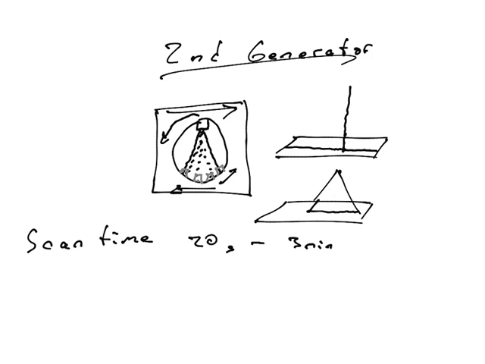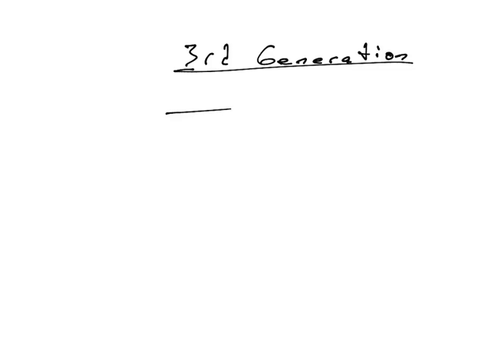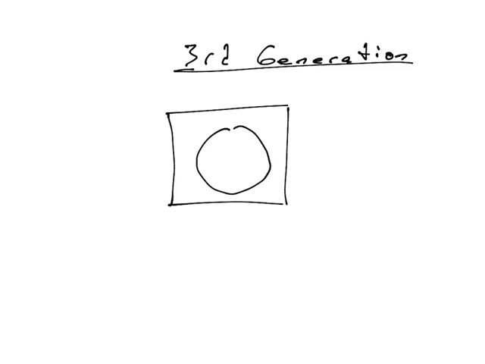Then they had a third generation, which is very similar to the second generation, except now instead of the rotate and translate version, you still had the generator that made a fan beam.